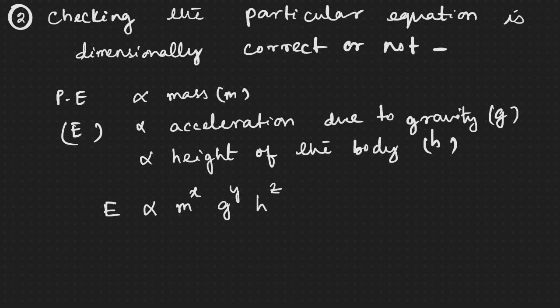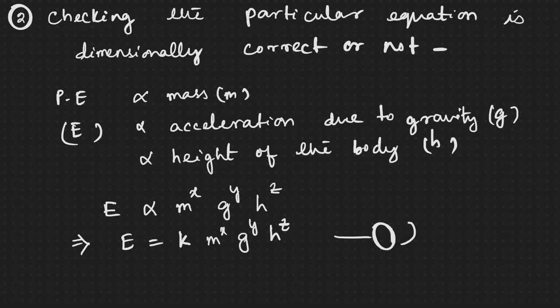Now what I'll be doing? I'll be equating E with a dimensionless constant K, which would be 1 experimentally, times M to the power X, G to the power Y, H to the power Z, where X, Y, Z are the dimensional powers to which M, G, H are raised, right? So this is the first equation. Now how to check whether it is properly correct or not?